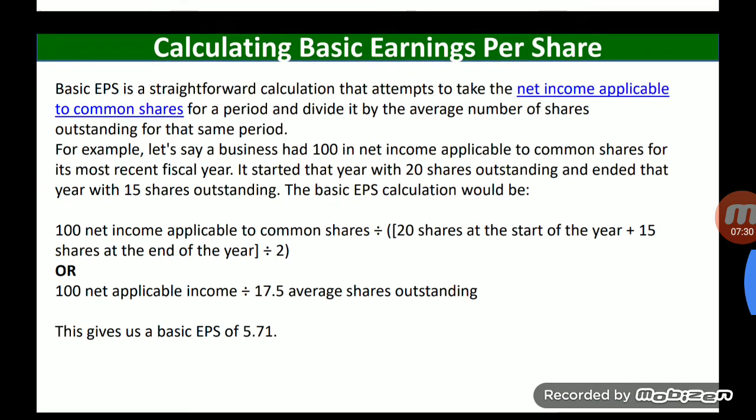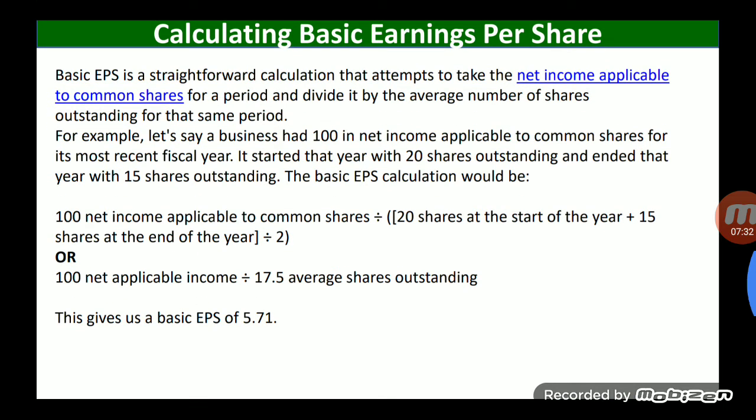Now let us try to understand with an example. Basic EPS is a straightforward calculation that attempts to take the net income applicable to common shares for a period and divide it by the average number of shares outstanding for that same period.